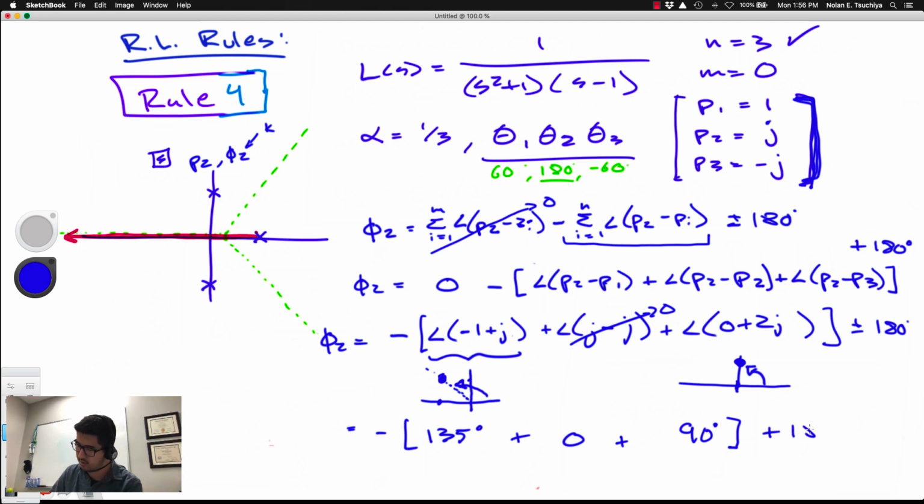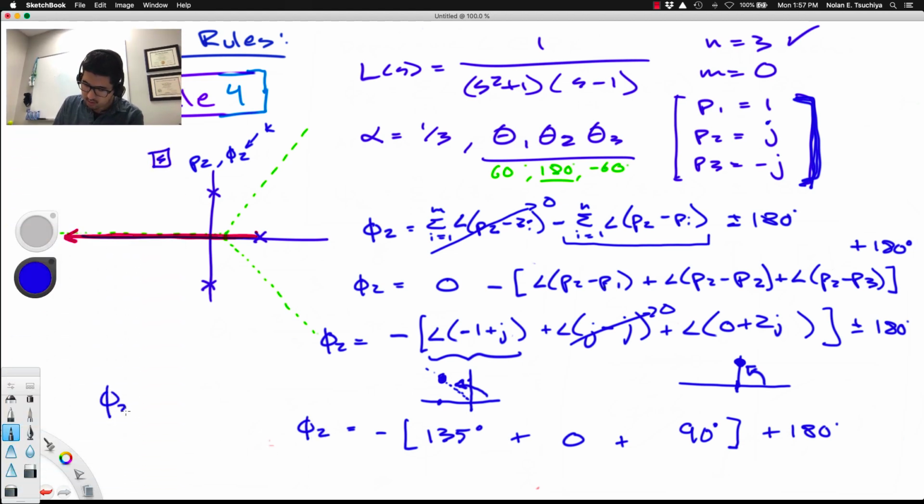Now there's a plus 180 term here. Again, it doesn't matter if you choose plus or minus. You'll get the same modulus of the angle regardless. And what we come out with ultimately is that phi 2 is equal to minus 45 degrees if I chose the negative 180, right?